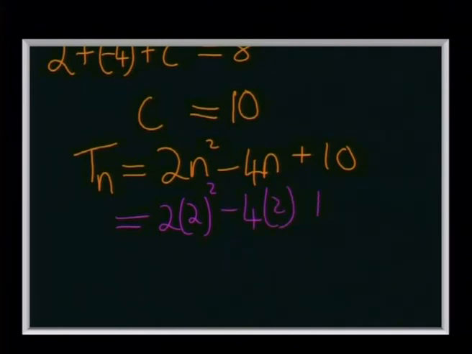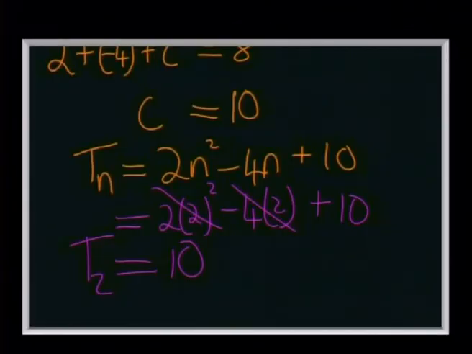And I can already see that this is going to work like a charm. Those two cancel. And yes, I do get that the second term is 10. That was not asked of me because I can see that the second term is 10. They've given me the number pattern, but the only reason I did that was just to check whether my solutions are correct.